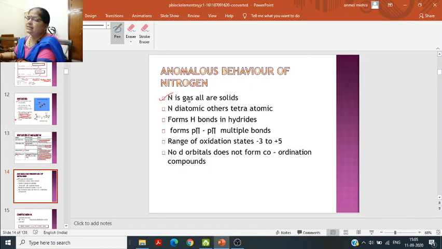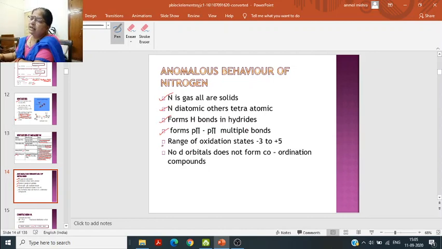Nitrogen is gas, rest of them are solid. Nitrogen is diatomic, rest of them are tetraatomic. Nitrogen can form hydrogen bonding in hydrides, whereas the rest of them cannot. Nitrogen can form multiple bonds, rest of them cannot. That is, nitrogen has a triple bond in it.